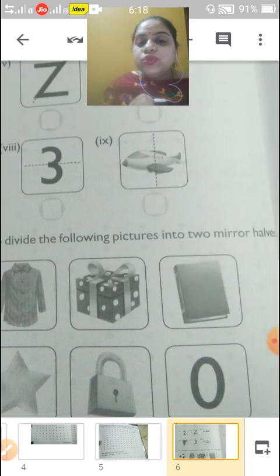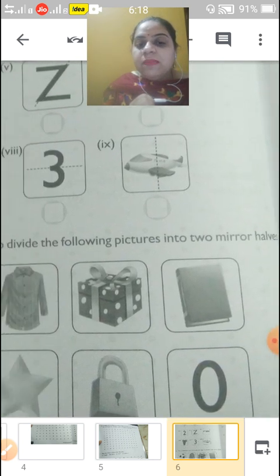In this, you have to draw a dotted line. In that, you tick which picture is your two similar mirror halves. But in this, you have to draw a dotted line and divide the following pictures into two equal mirror halves. So children, for example, one I will do for you, rest you will do.